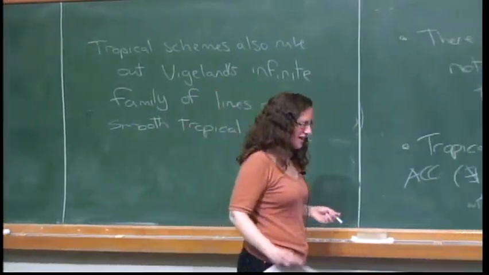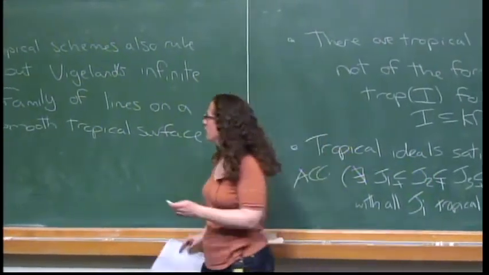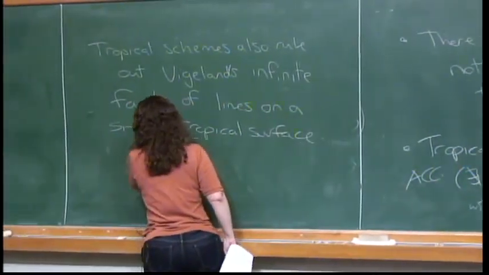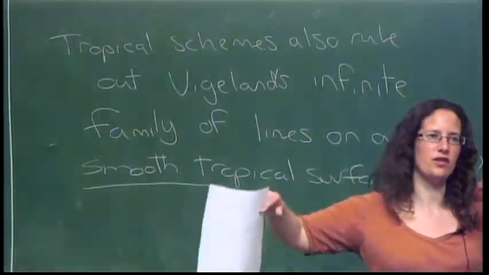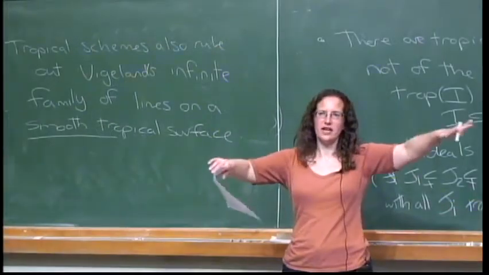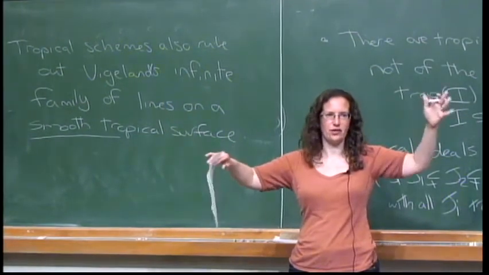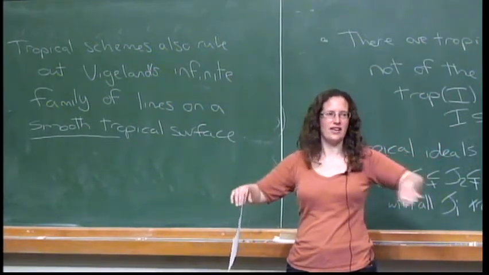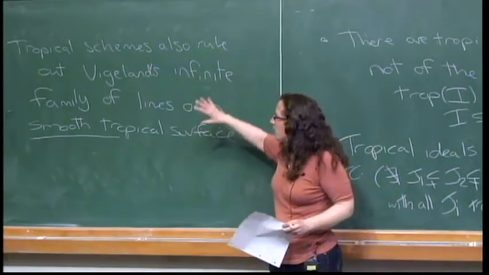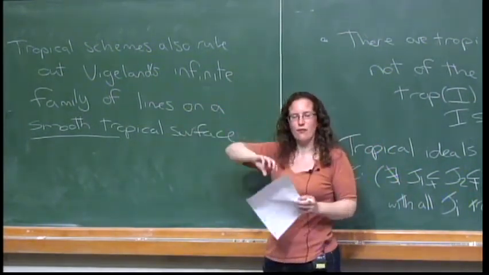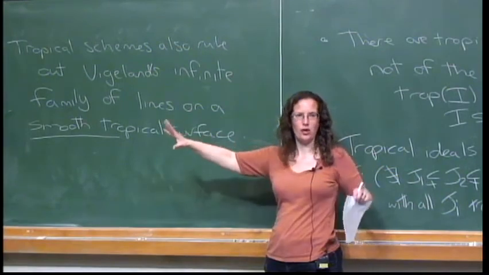So how does this work? What we have here is some smooth tropical surface, a polyhedral complex of dimension 2 in R3 with three two-dimensional things going in each of the standard directions. And there's an infinite family of tropical lines contained in it.